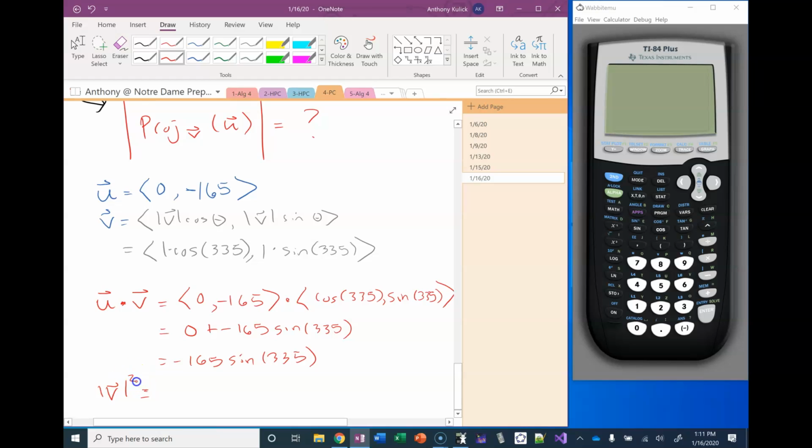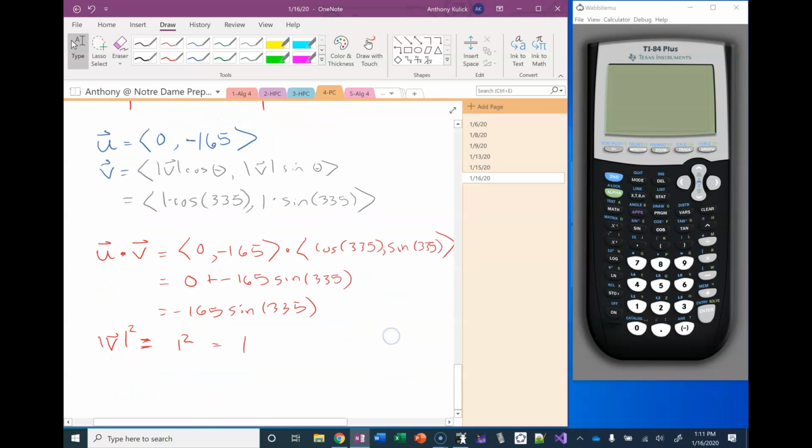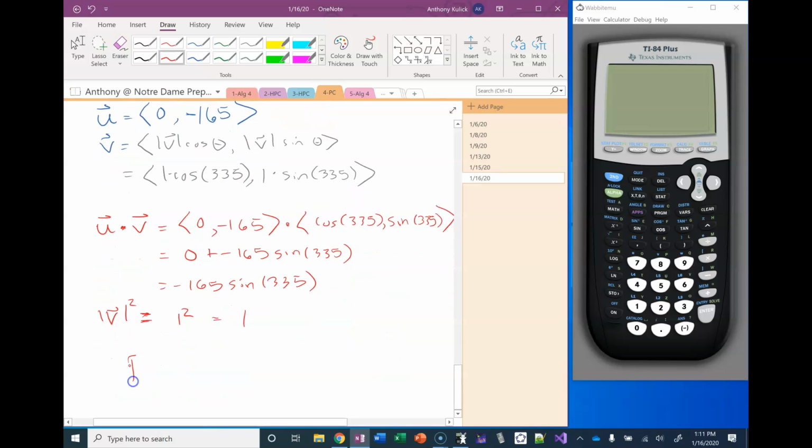Now the magnitude of vector v squared, well, we just assumed the magnitude of vector v was 1, so the magnitude of vector v squared is just 1 squared or 1. Okay.